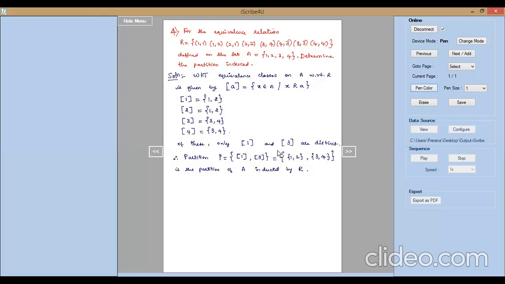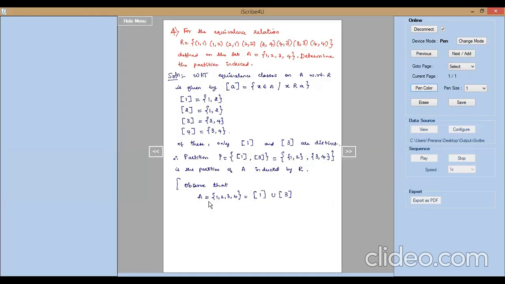For your better understanding, I'm just putting the next thing. We observe that A, which is {1, 2, 3, 4}, can be obtained by the union of the equivalence classes. When you take the union of the equivalence classes, you get the set {1, 2, 3, 4}, which is nothing but the set A. Is the first condition for a partition satisfied? It says that A is the union of A1, A2, A3, up to AK.